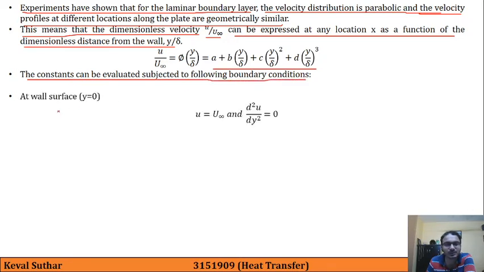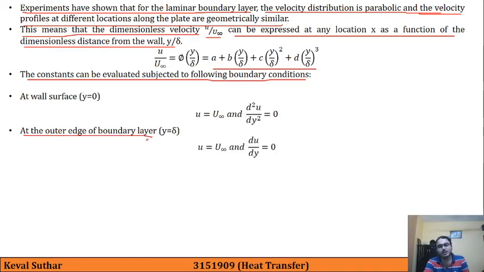First is at the wall surface y is equal to 0, we will be getting u is equal to u infinity and del 2u upon del y square equal to 0. And second boundary condition is at the outer edge of the boundary layer, that is at y equal to delta, we will be getting u is equal to u infinity and du upon dy equal to 0.